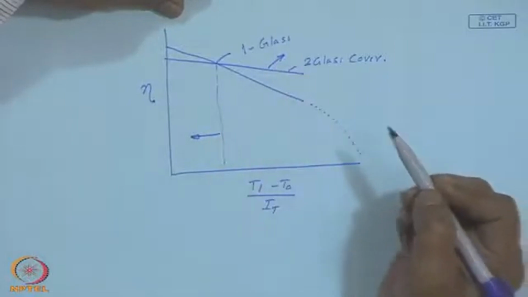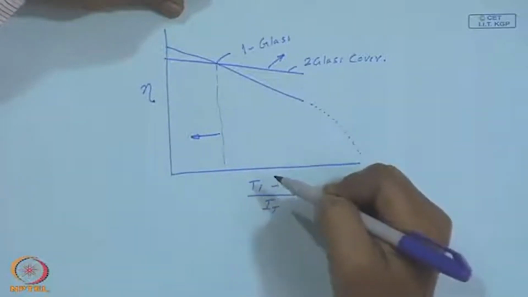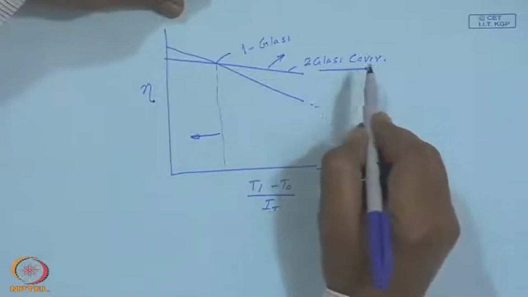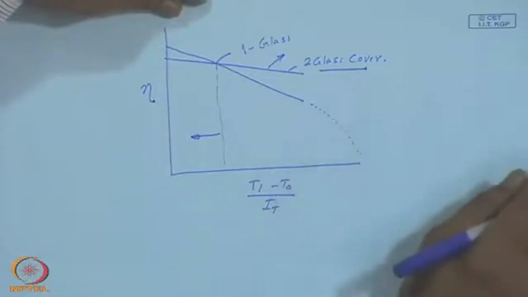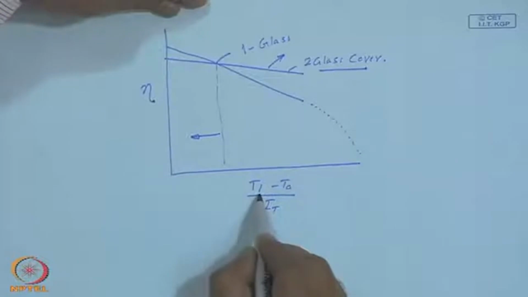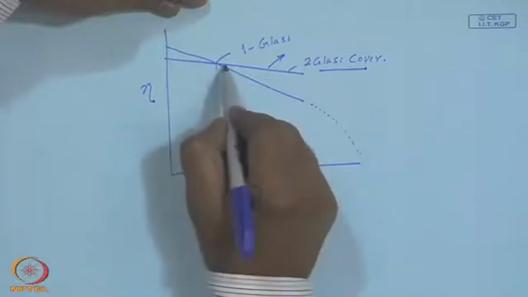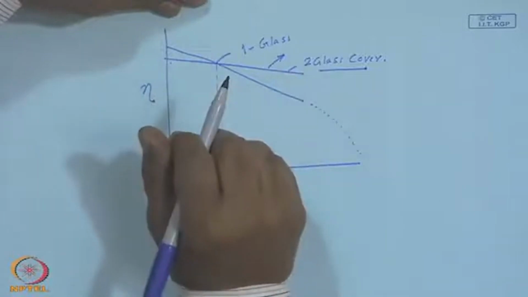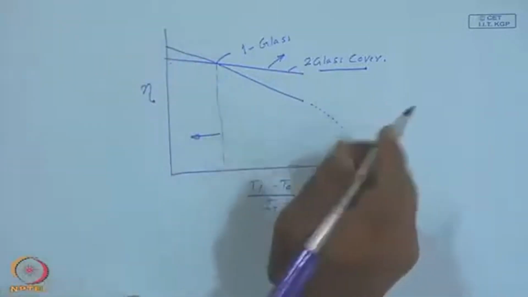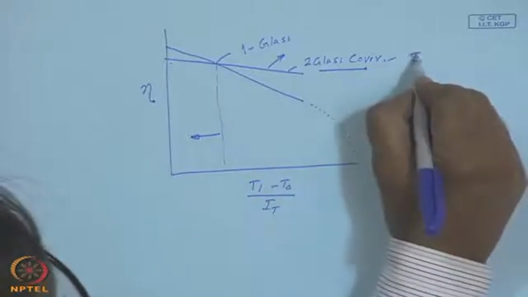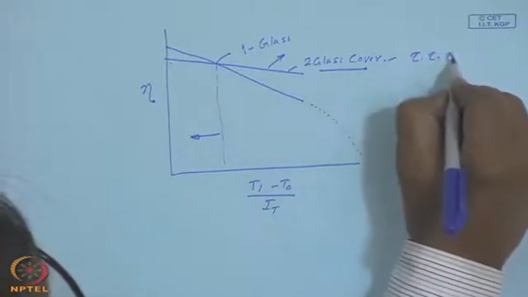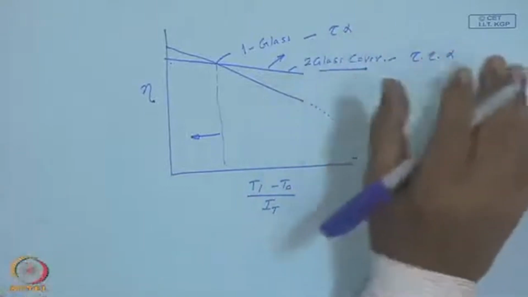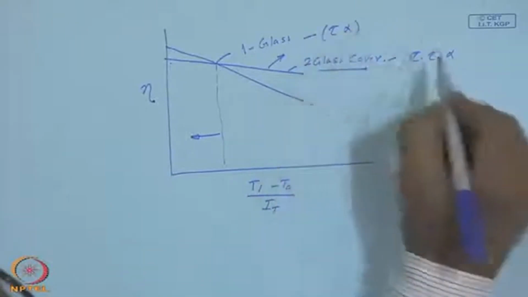In other words, if the operating temperature is high, in the case of 2 glass covers, a lower U_L is beneficial, whereas if the operating temperature is low, there will be some sort of a reduction in transmittance absorptance product compared to 1 glass cover. Remember, this has got effectively tau times alpha, whereas this is only 1 tau into alpha, though the effective part will come into the picture.